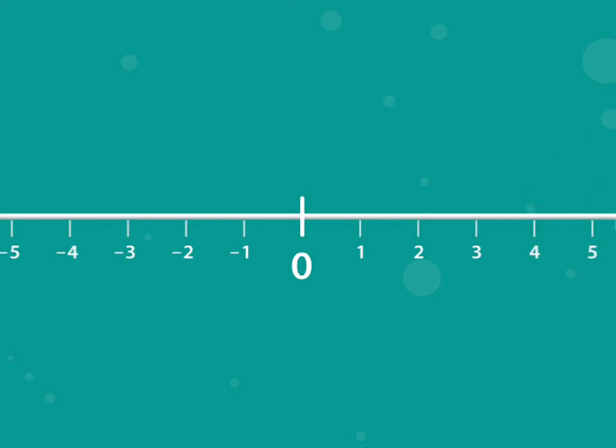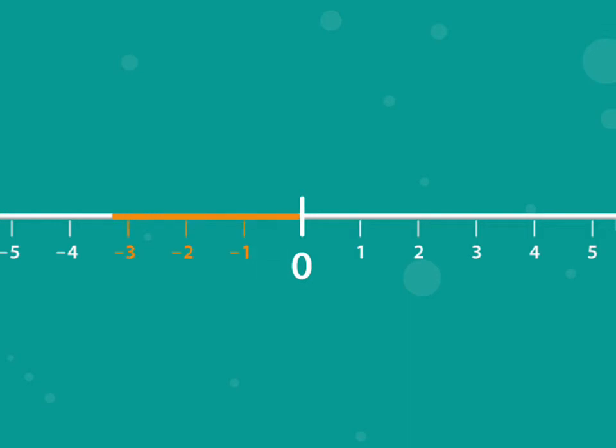But what happens if we go in the opposite direction, that is, to the left? As we move to the left, the numbers get smaller and smaller. 4 is smaller than 5. 3 is smaller than 4. 2 is smaller than 3. 1 is smaller than 2. And 0 is smaller than 1.